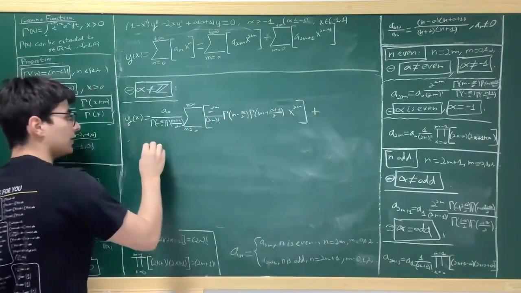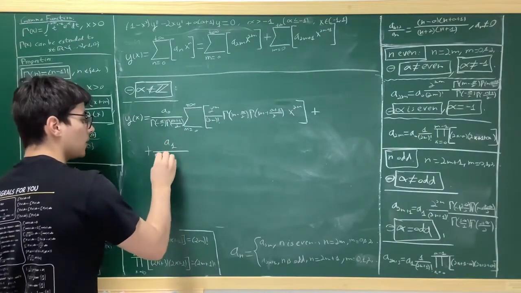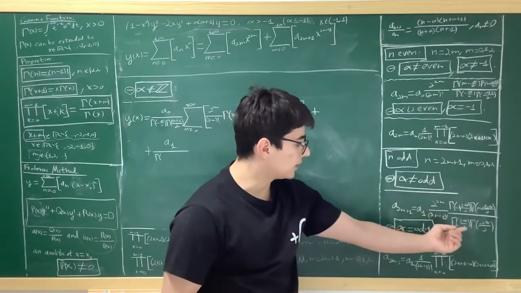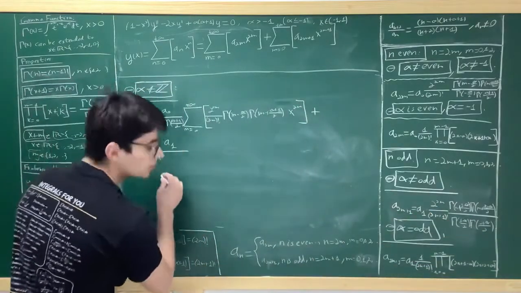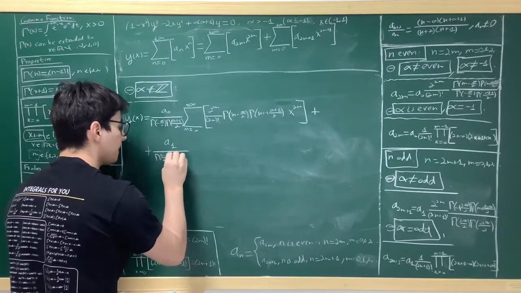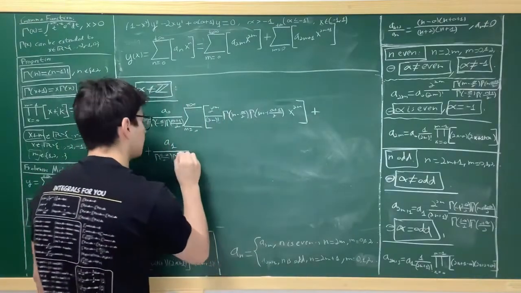Now, if we add our second term, which stands for the odd part, we get this part right here: a1, these gamma functions, 1 minus alpha over 2, and gamma of 2 plus alpha over 2.